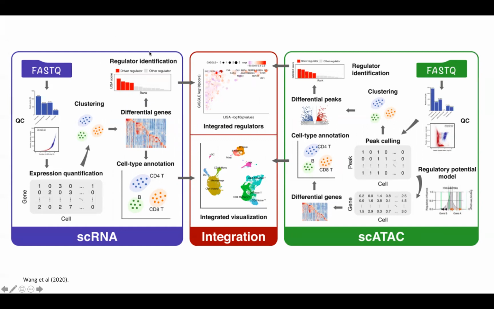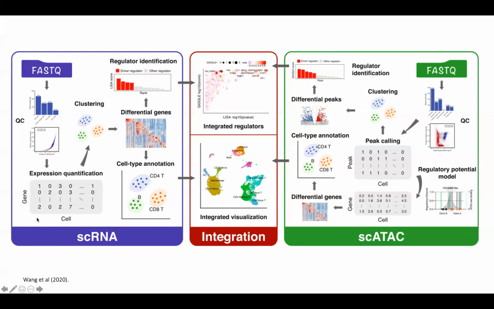Looking over here at the single cell RNA-seq half of the figure, you start with a FASTQ file. From your FASTQ, it first performs alignment and demultiplexes the barcodes and UMIs. Then it performs quality control, removing cells that don't have many reads or cells where not many genes are expressed.